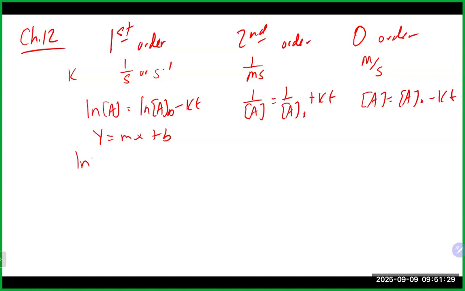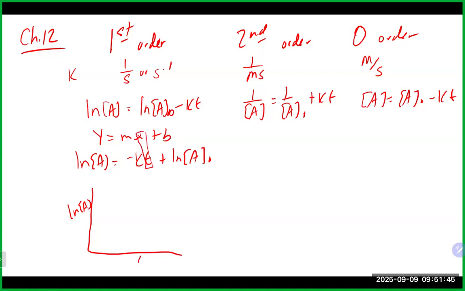For example, natural log of A is equal to minus kt plus the natural log of A naught. That is what goes on the y, our natural log of A, and on the x is our time. This will yield a straight line where the slope is equal to minus k. Again, we have a negative slope, which will give us a positive value for the rate constant.